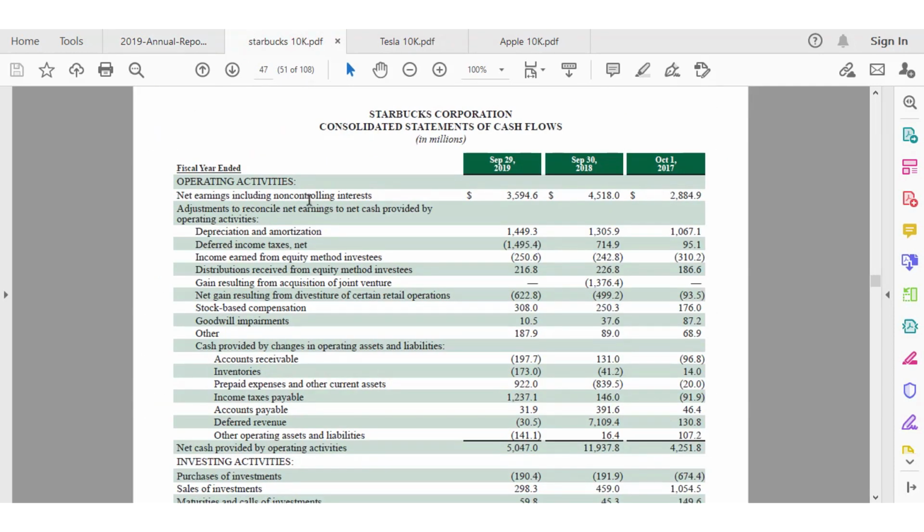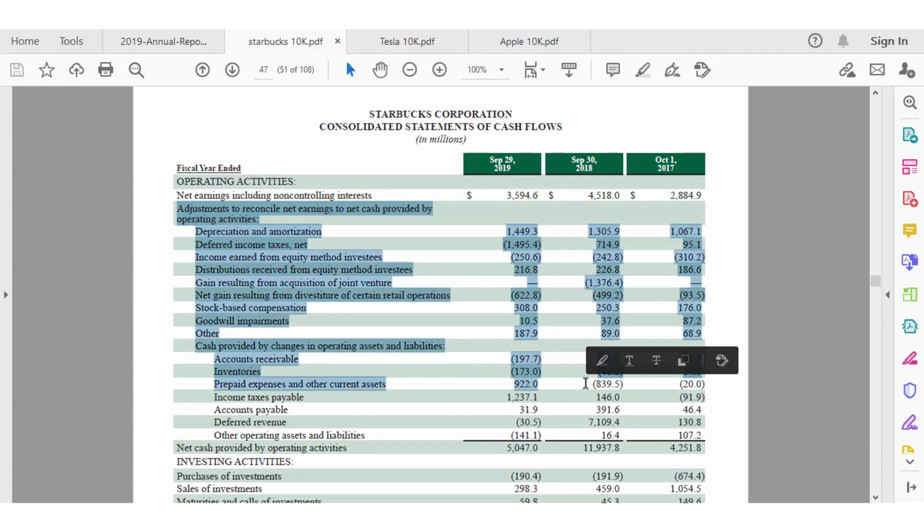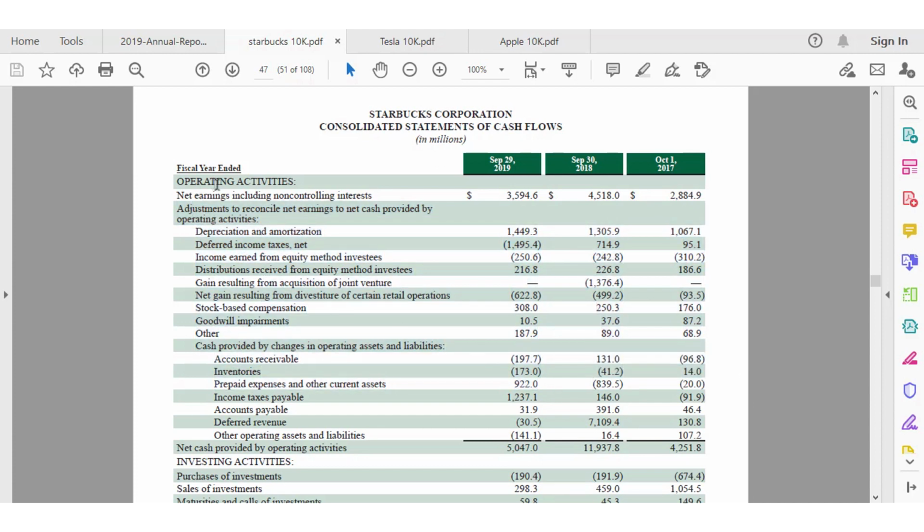Now let's take a look at Starbucks. Starbucks is not always the easiest one to take a look at, but essentially, again, they start off with net income, and then they make our non-cash adjustments by adding it back, and then you also make adjustments to your working capital to give you your cash flow from operating activities right here.